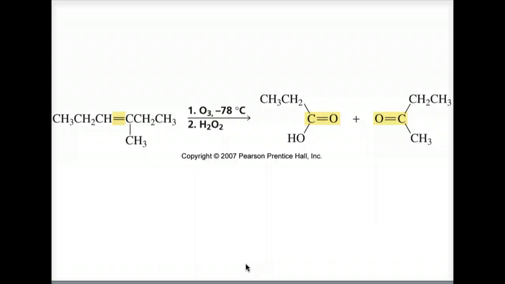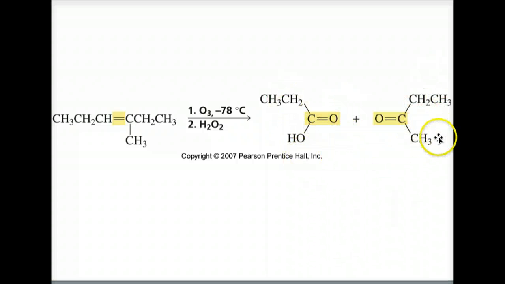Here's an example of oxidative cleavage of an alkene by ozonolysis. The ozonolysis of 3-methyl-2-hexene followed by oxidation by hydrogen peroxide gives propanoic acid and butanone. Here's the propanoic acid and here's butanone. This, of course, is a carboxylic acid.